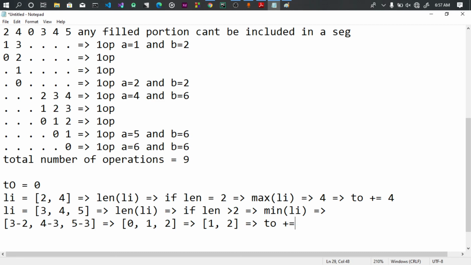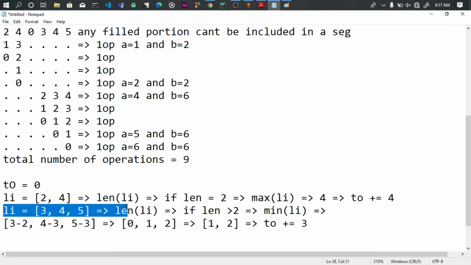So we're going to increment by 3, since we subtracted by 3 in that segment. So we already have TO to be 4 already from here. We'll increment it by 3 here, and when we do that, we'll check the list and we'll find out that the maximum will be 2.